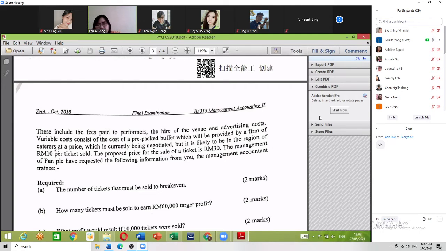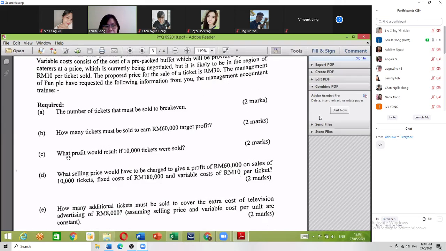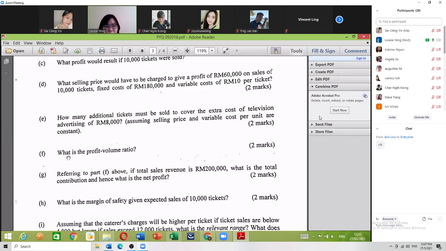So the buffet is 10 dollars, that is your variable cost: one ticket sold costs 10 dollars. The proposed price for the sale of a ticket will be $30.